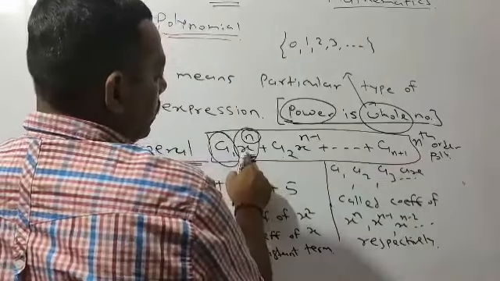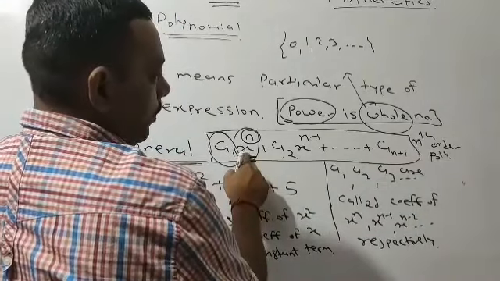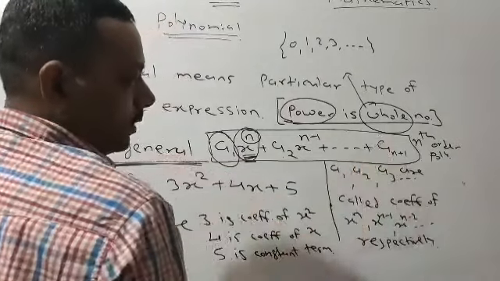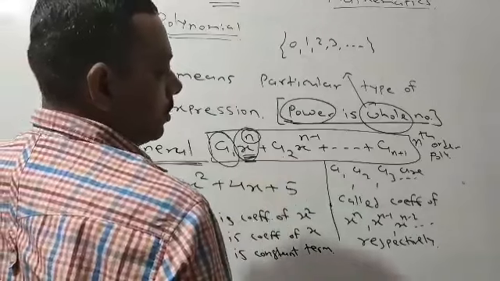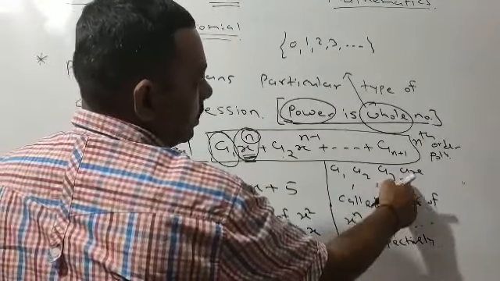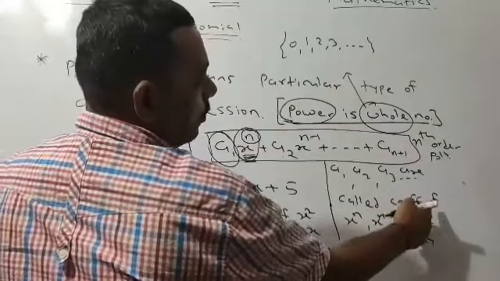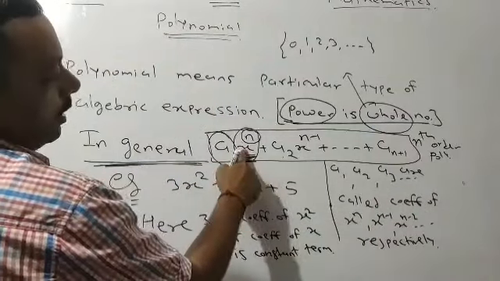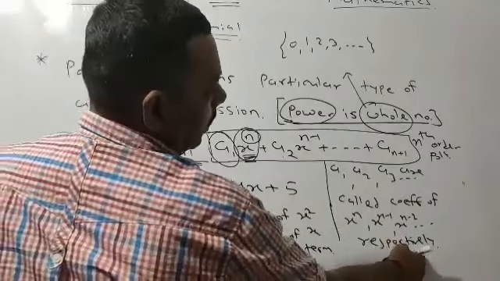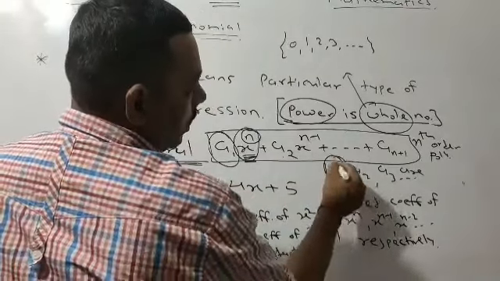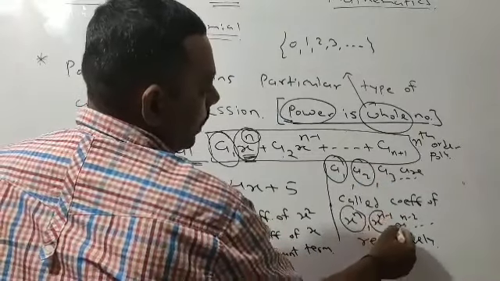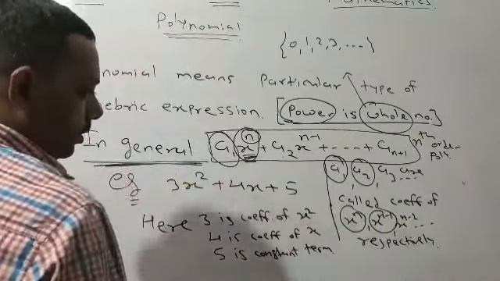Because in the first term x, that is a variable, is present, but in a n plus 1 no variable is present, hence it is called a constant term. So a1, a2, a3 dash dash dash are called the coefficients of x raised to n, x raised to n minus 1 and so on, respectively. Respectively means a1 is the coefficient of x raised to n, a2 is the coefficient of x raised to n minus 1, and that way the others.